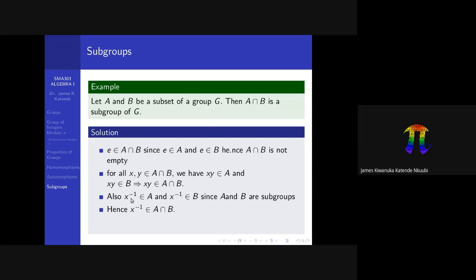And for that reason, the inverse must also be in the intersection. So we have checked the two conditions that are required for this subset to be a subgroup. And we can therefore conclude that the intersection of two subgroups is also a subgroup of G in this case. Is that okay? Yes.